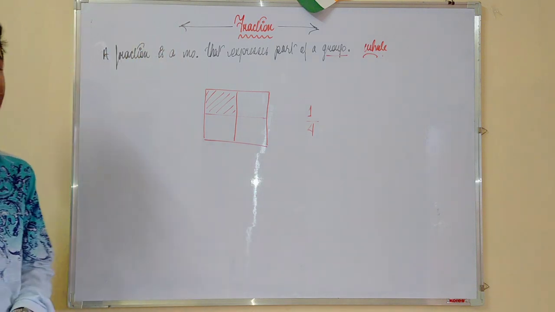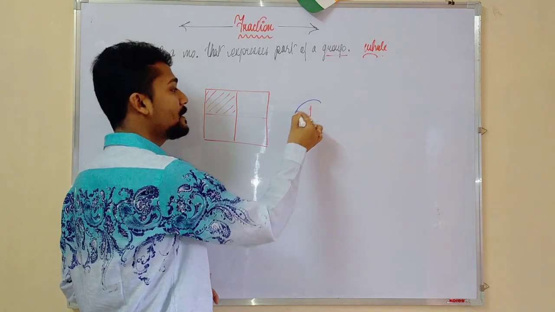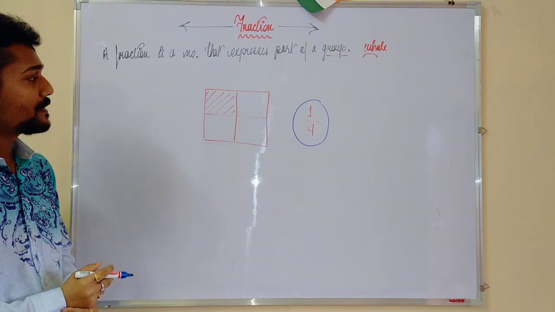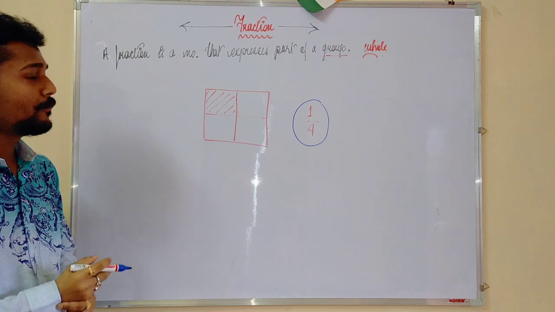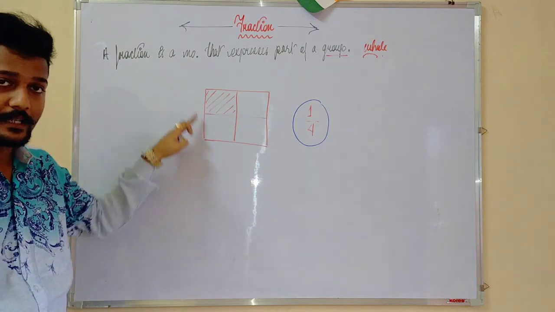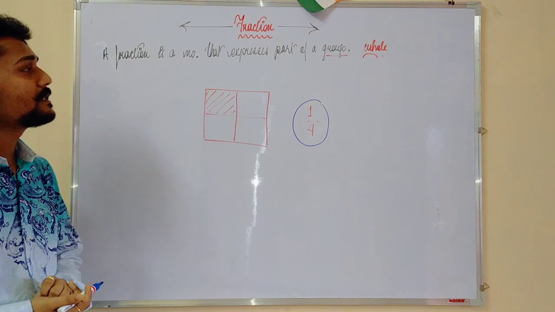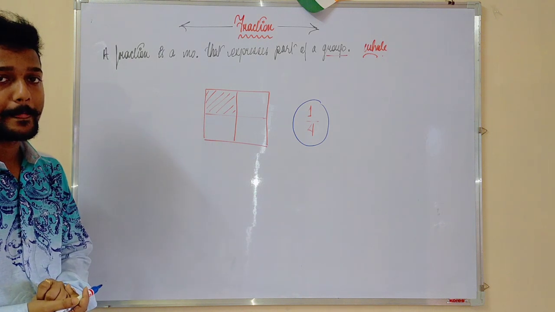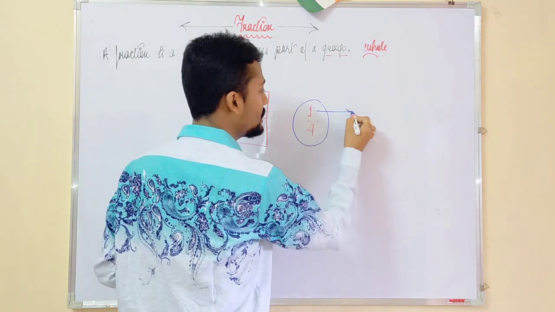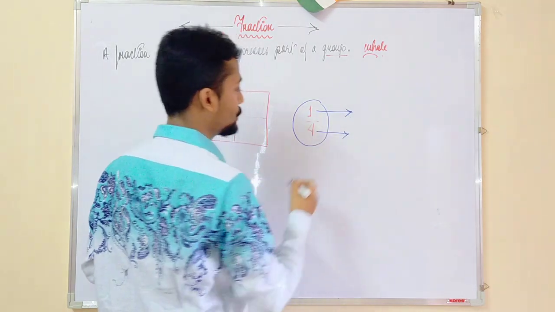So this kind of representation of part of a whole is known as a fraction. Now in this representation we have 2 parts, up and down.